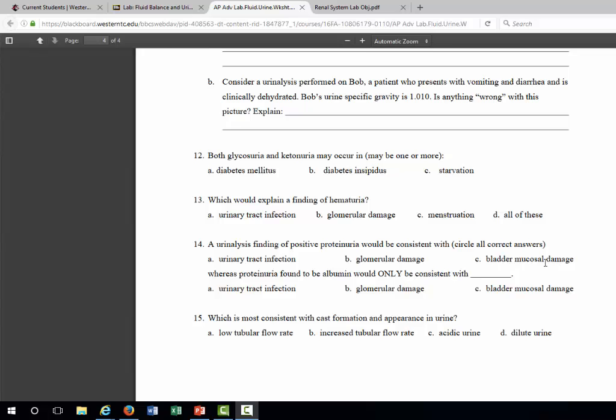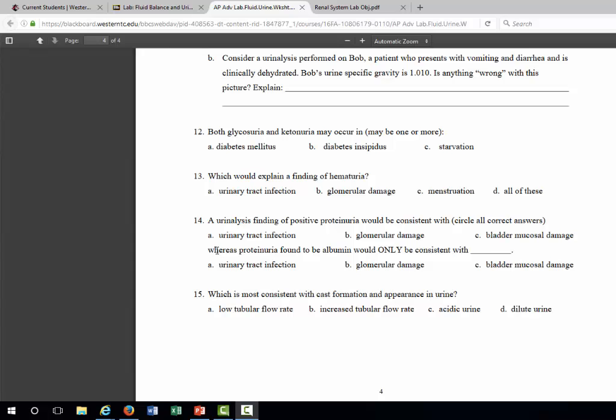Because we know our cells are made up of proteins, and when we damage cells, proteins spill out from inside the cells, and that can also lead to protein in the urine. But if it was only albumin, would that change anything? Where do we find albumin? In the plasma.